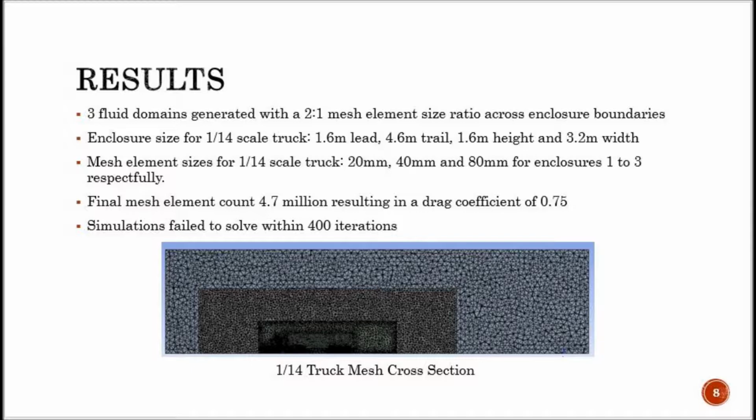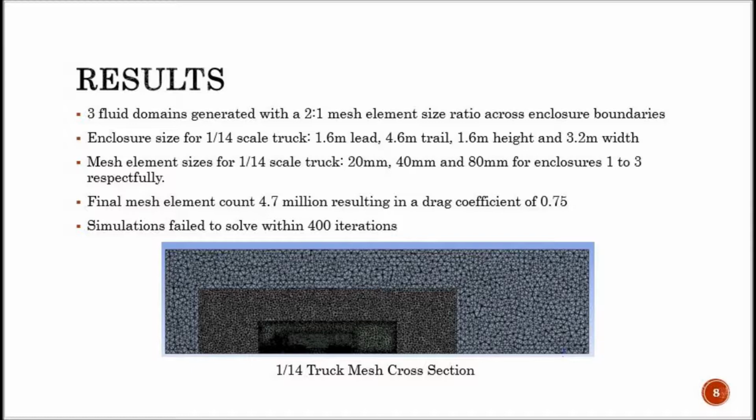The largest enclosure elements that were required were 20 millimeters, 40 millimeters, and 80 millimeters for enclosures 1 to 3, which resulted in a mesh element count of approximately 4.7 million elements. The resulting drag coefficient was found to be 0.75.